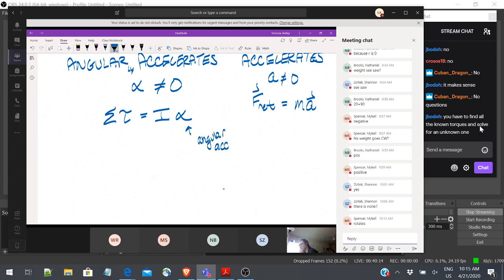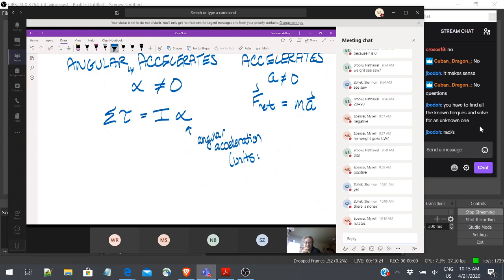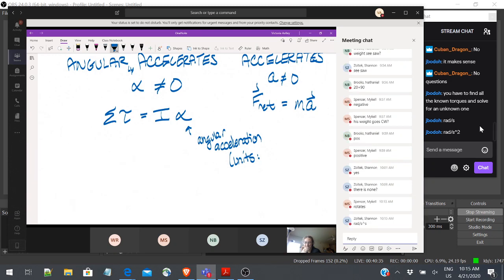Can you tell me what units this is going to be? What are the units for angular acceleration? John, remember it's acceleration, not velocity. Radians per second squared.